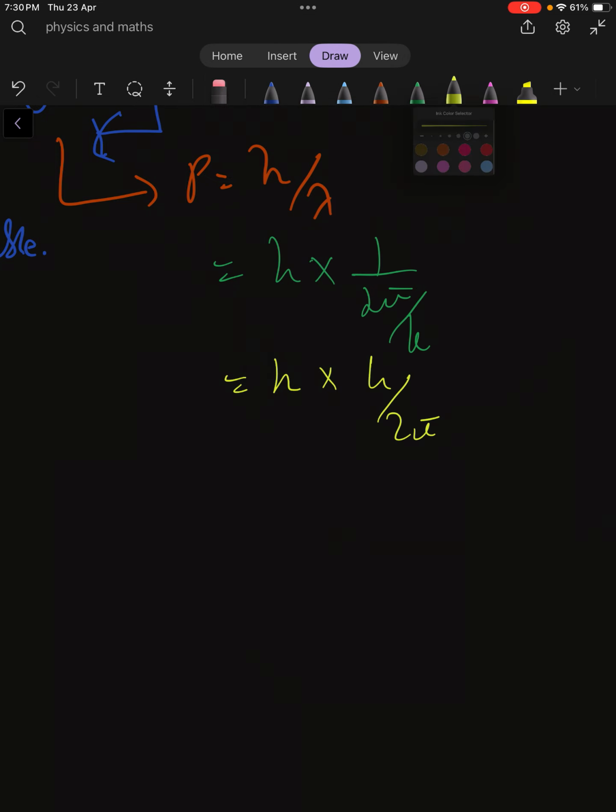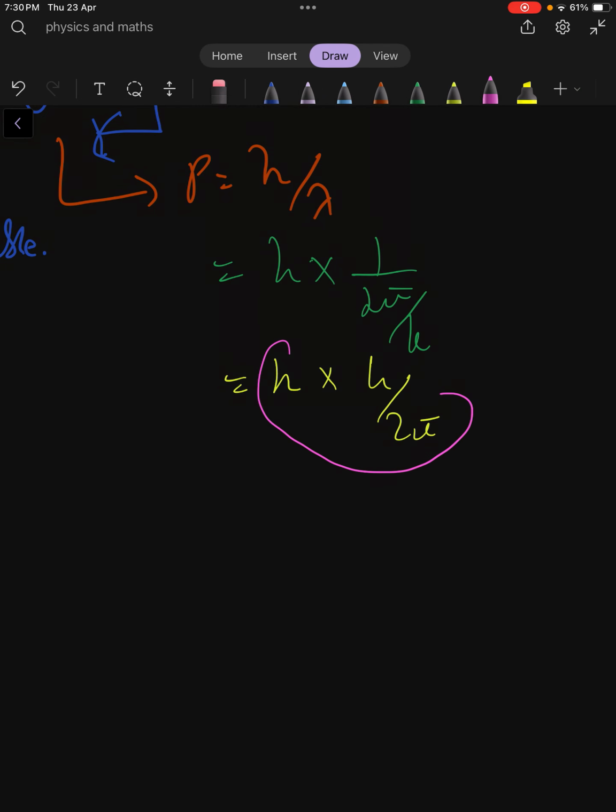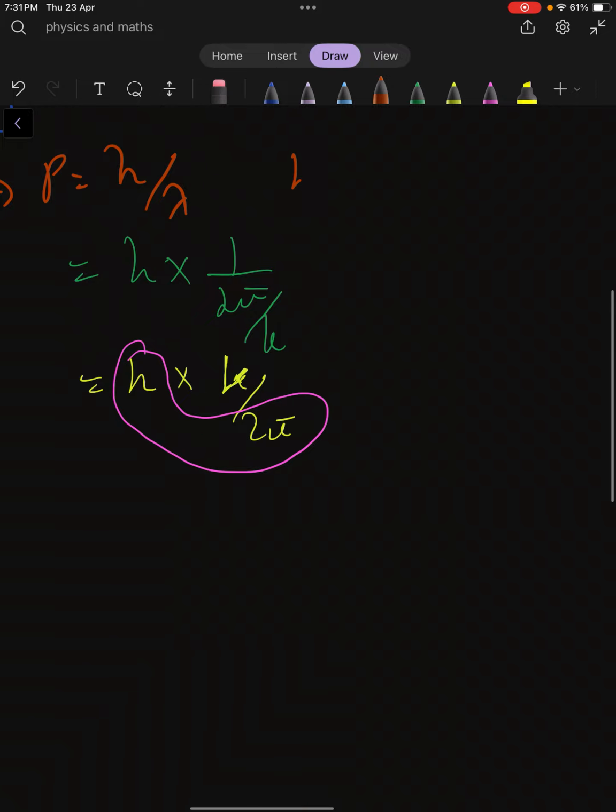Now one important thing here: h over 2 pi is actually known as h bar.